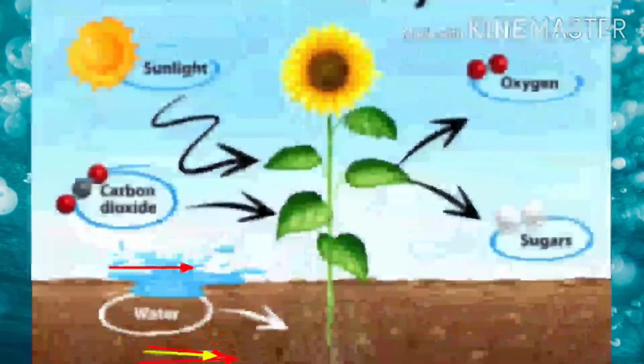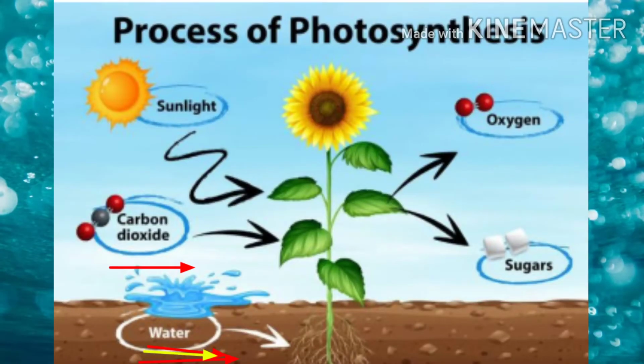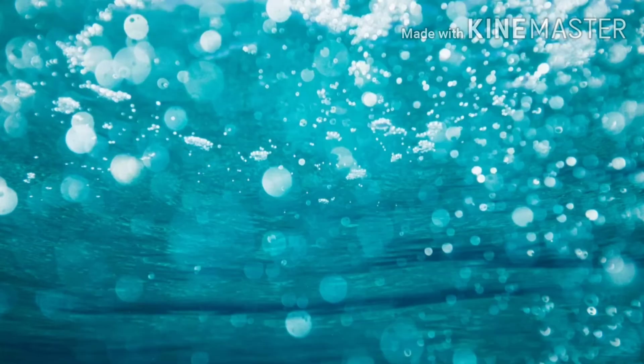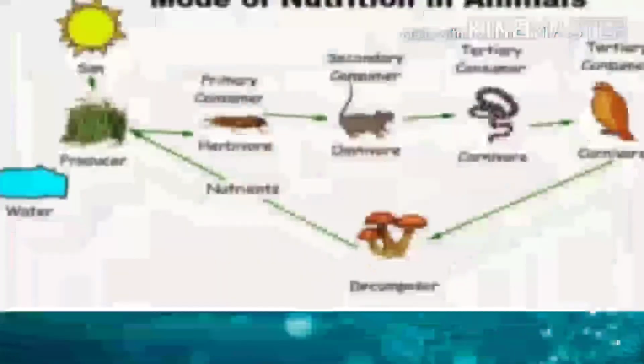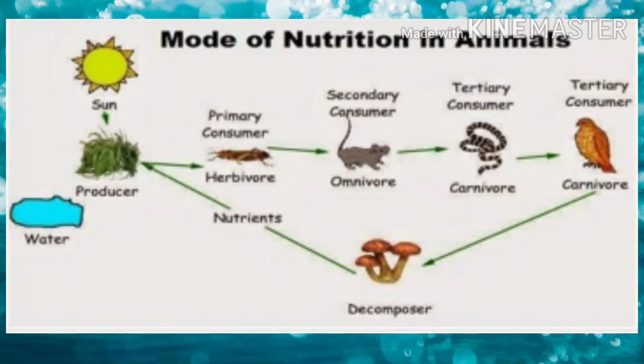So, the first difference between autotrophic nutrition and heterotrophic nutrition is that in autotrophic nutrition, food is synthesized from simple inorganic raw materials such as carbon dioxide and water, whereas in heterotrophic nutrition, food is obtained directly or indirectly from autotrophs.